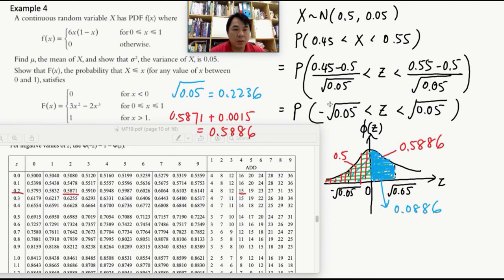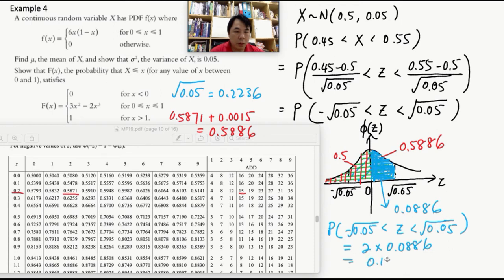Then finally, the probability for z lying between these two values, negative square root of 0.05 less than z less than square root of 0.05, must be equal to twice this region, 0.0886, and that would yield 0.1772. Okay, so I hope that is clear.